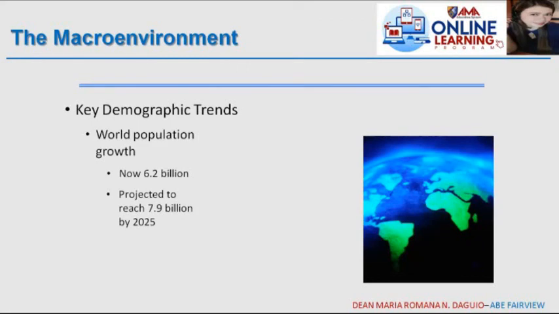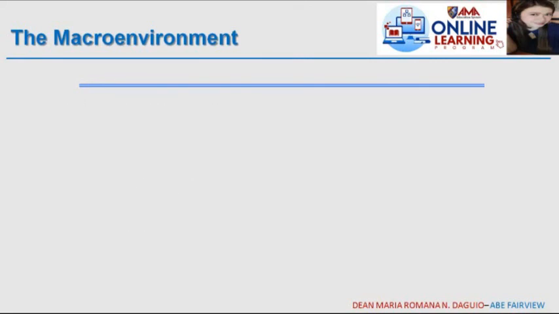And projected to reach 7.9 billion by 2025. Bakit kailangan alamin ang population? Of course, kung ikaw negosyante, you need to know the population of that region, of that country. Para alam mo kung may market ba o wala. Okay? May tao ba dun? Baka wala. Saan ba mas marami ang tao? Etc. etc. So that is one of the key demographic trends.